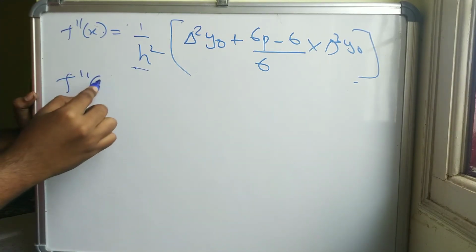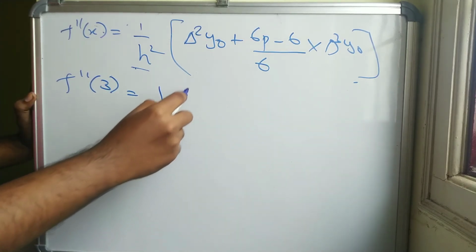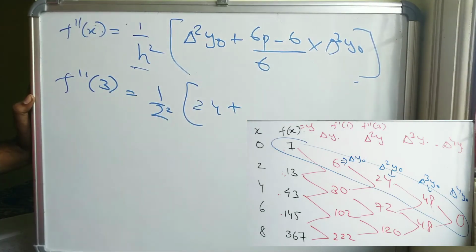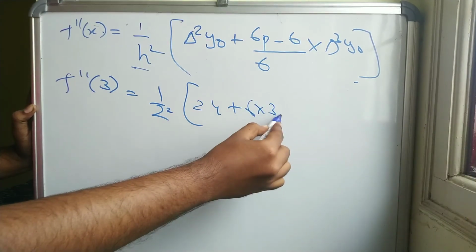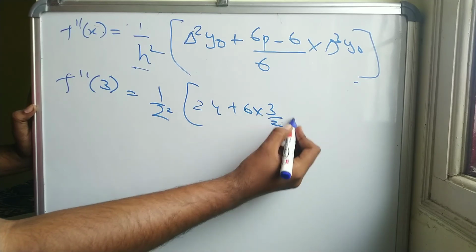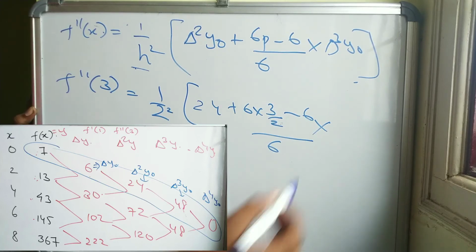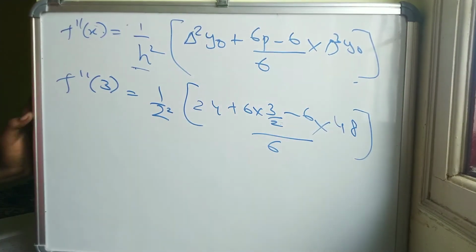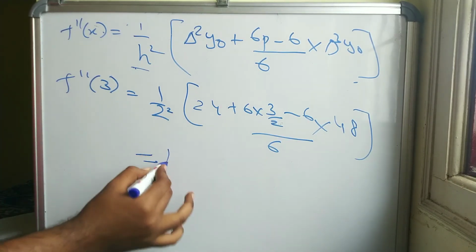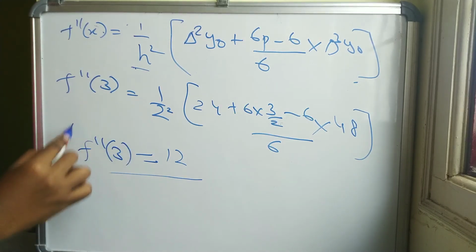So f double dash 3 is 1 by 2 square, that is 1 by 4, into delta square y0, that is 24, plus 6 into 3 by 2 minus 6 by 6 into delta cube y0, that is 48. We need to just simplify this equation. So f double dash 3 will be 12.